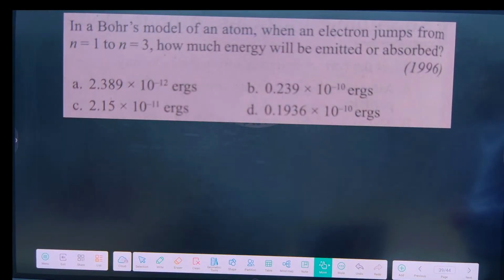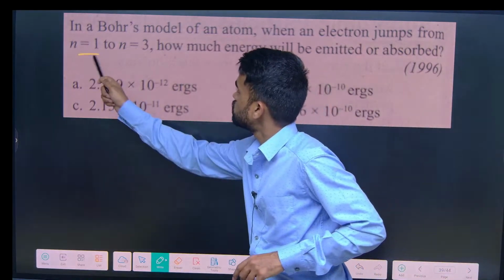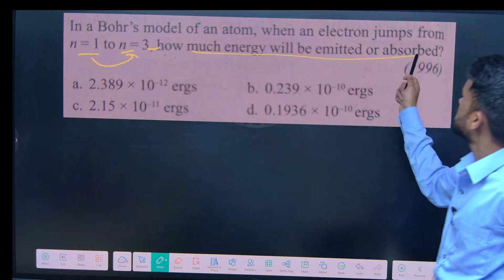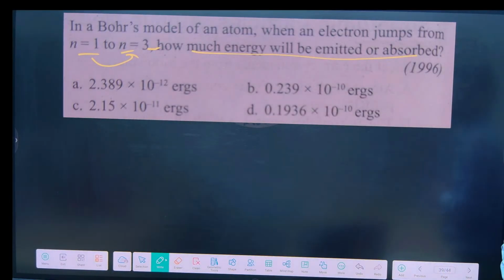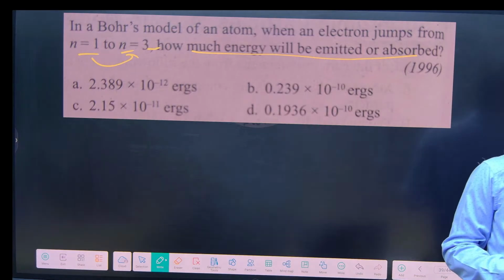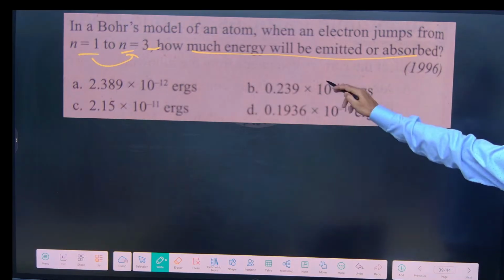Next, tell me for this. In a Bohr's model of atom, when an electron jumps from 1 to 3, how much energy will be emitted or absorbed? Again, easy it is. Tell me, how can we do this? E is equals to joules now.